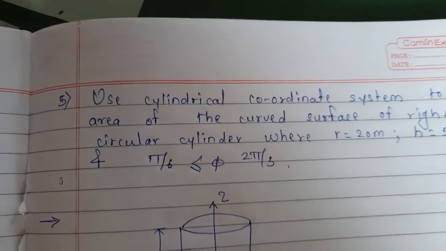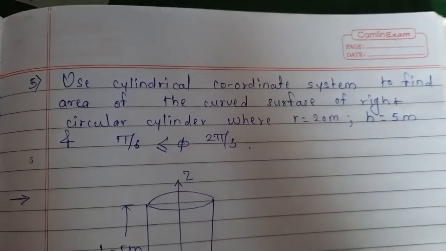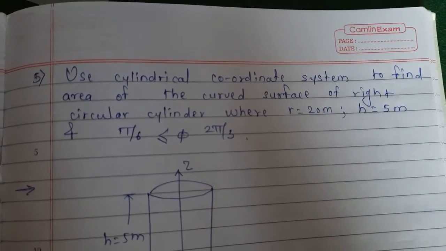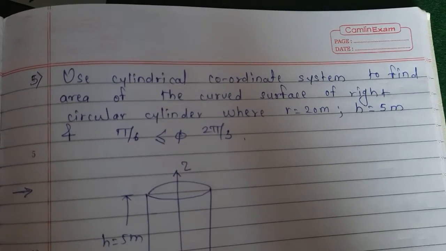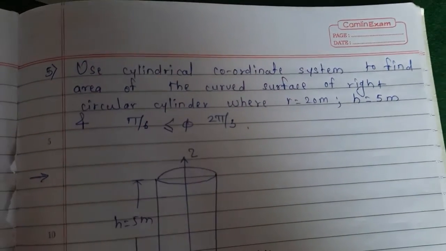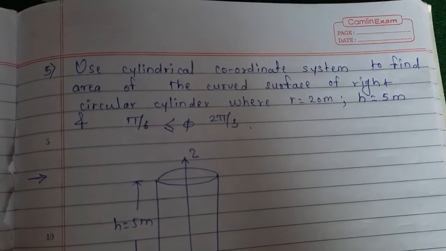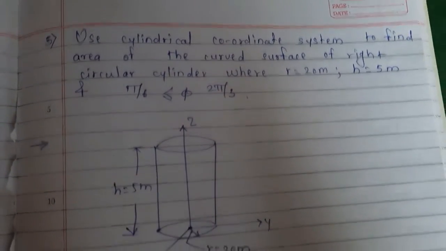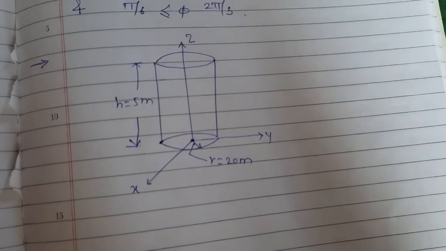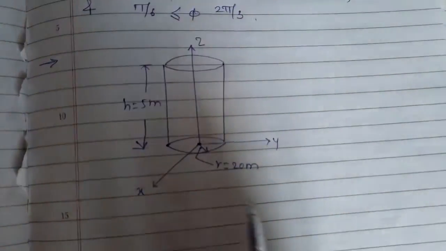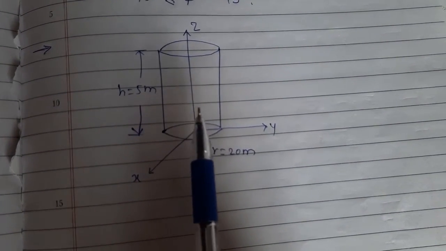Next problem is: use the cylindrical coordinate system to find the area of the curved surface of a right circular cylinder where r is equal to 20 meter, h is equal to 5 meter and phi is in between pi by 6 to 2 pi by 3. This diagram shows the cylindrical surface along the z axis.